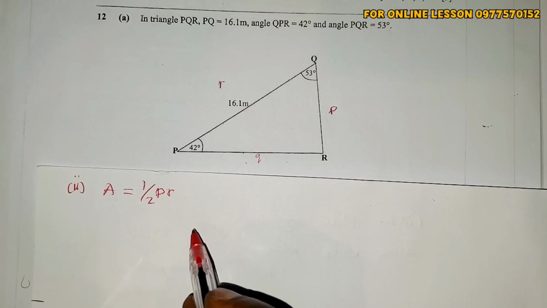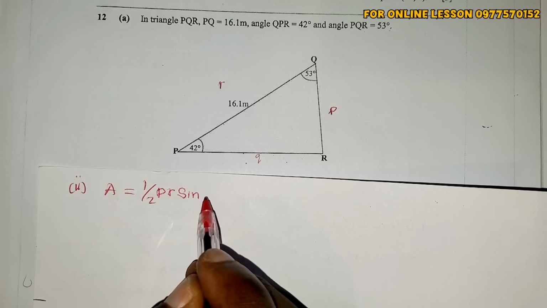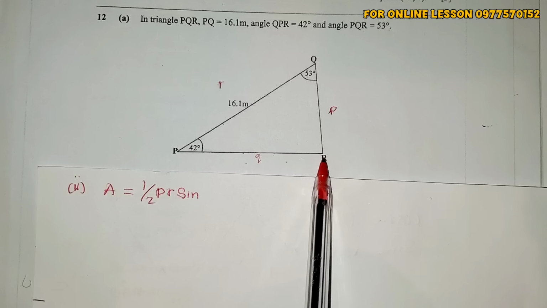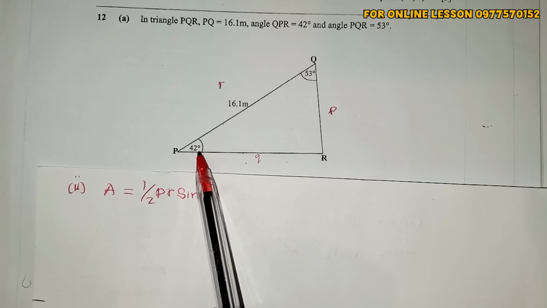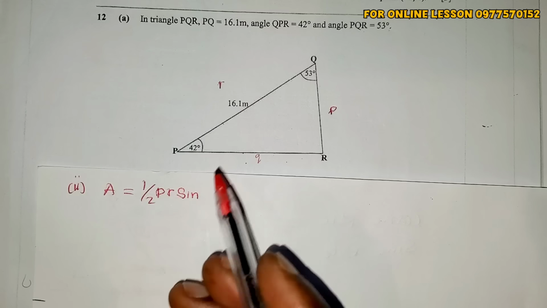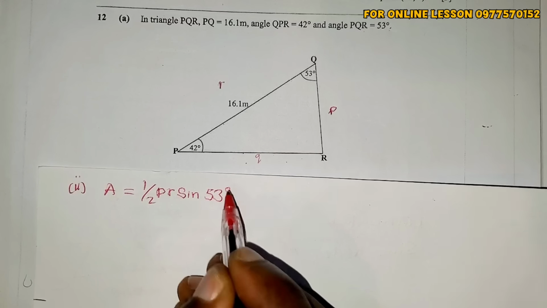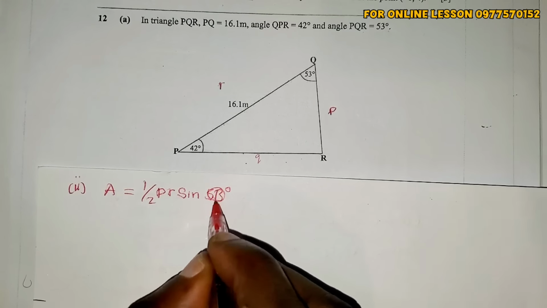No, remember to use small letters, then sine the angle that is remaining. So if you use this side, don't use its corresponding opposite angle. That is the secret to this question. So we're going to use this one, which is 53 degrees.